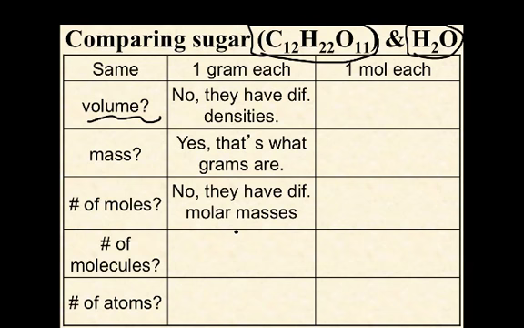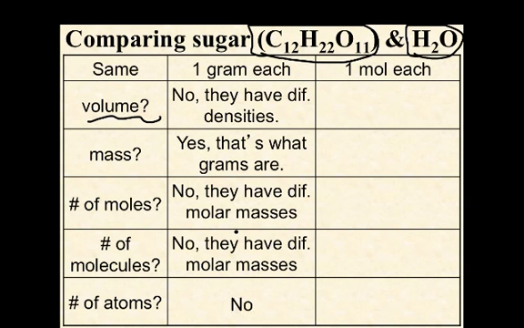Does 1 gram have the same number of molecules? No, again, we're back to the particle size, right? The sugar is a larger particle size, so they have a different molar mass, and so 1 gram would have a different number of molecules. And of course, for the number of atoms, no way, because sugar has way more atoms for each particle than water does.